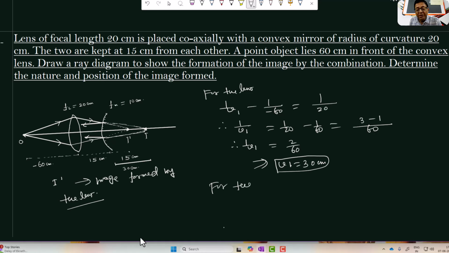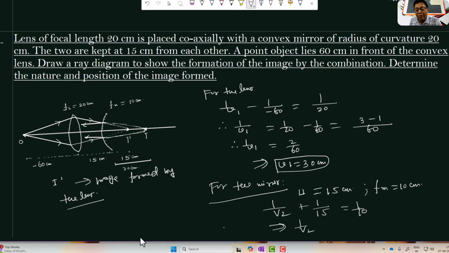So for the mirror, what do you get? U equal to what? From the mirror, the distance will be 15 centimeter and Fm equal to 10 centimeter. So 1 by V2 plus 1 by U, on the other side of the mirror, Fm also on the other side. So 1 by 10.